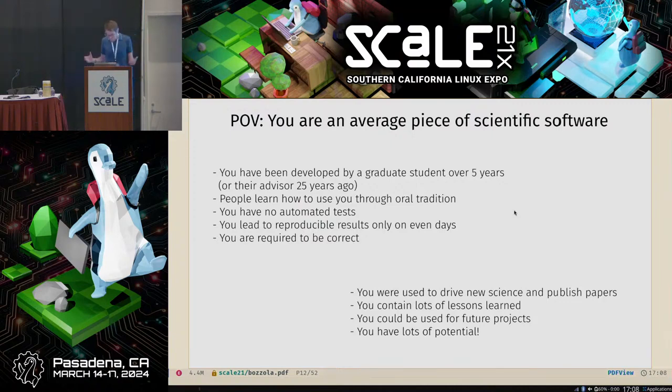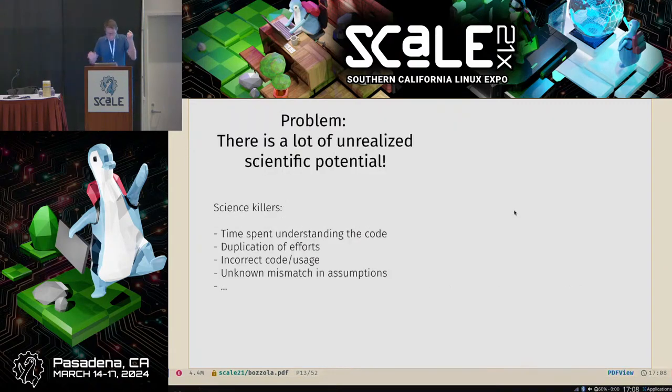Scientific software is exciting. So I think that there's a problem. In the way we think about science right now, I think there's a lot of unrealized scientific potential. There's a lot of unrealized scientific potential because people spend so much time trying to understand other people's code. People spend so much time redeveloping the same things over and over.